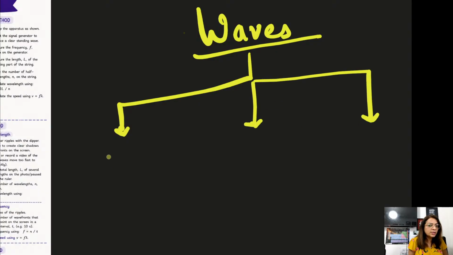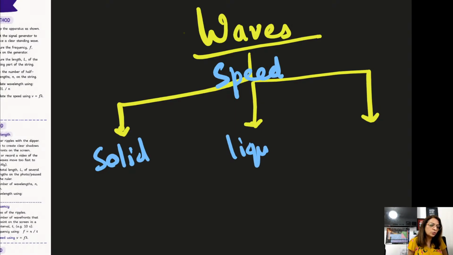Number 1 is measuring the speed of the wave. So you will be investigating the speed of the wave in 3 different media. I'm going to write speed of the wave in solids, liquid, which is water, and the third one, which is gas, which is sound.